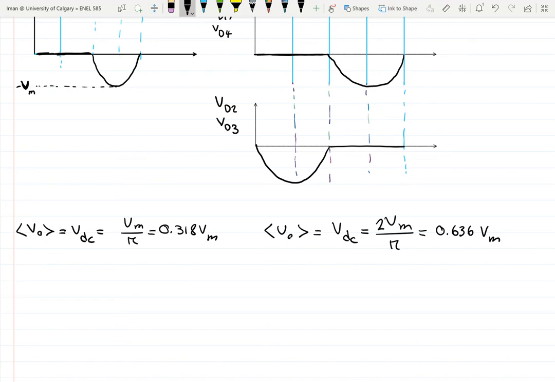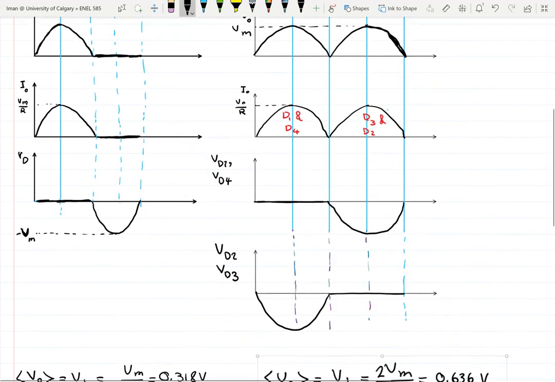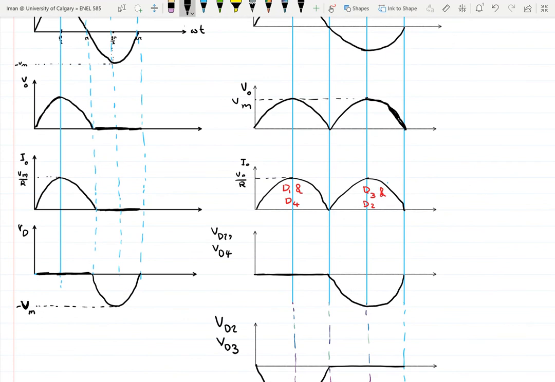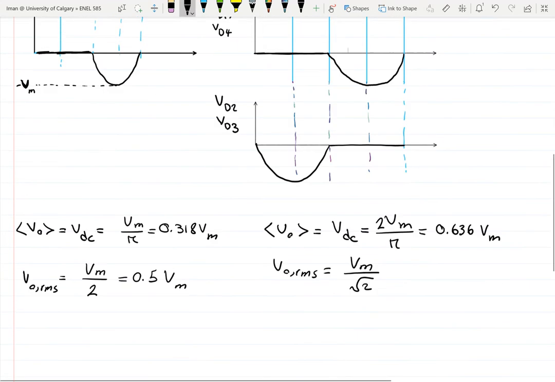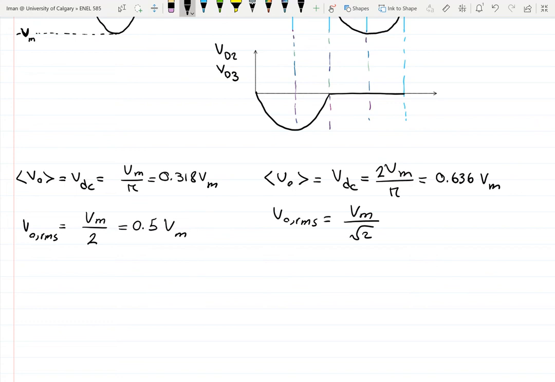The V out RMS for half wave is equal to Vm divided by 2, or half of Vm, and for the full wave rectifier, V out RMS is equal to Vm divided by root 2, which is what we expect, because the RMS of a full wave rectified signal would be equal to the RMS of the actual sinusoidal, which is Vm divided by root 2, 0.707 Vm.